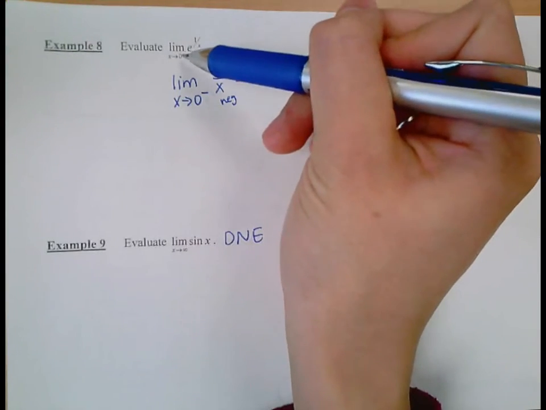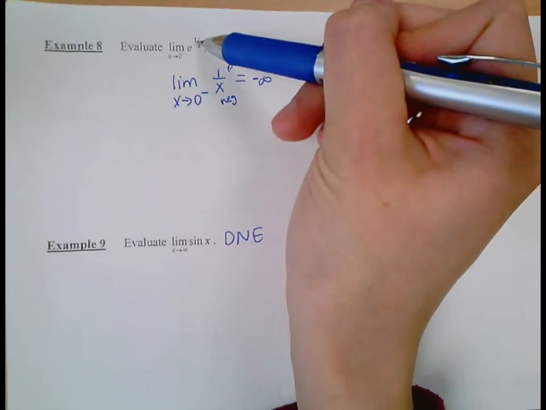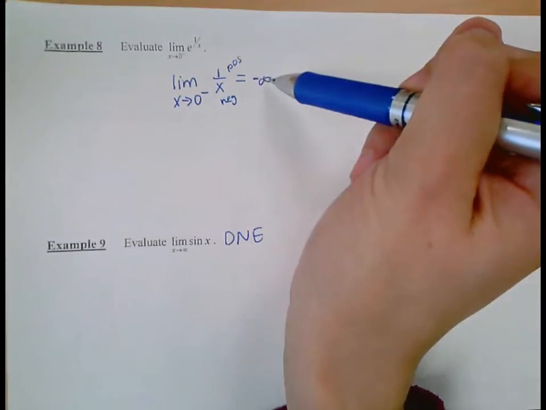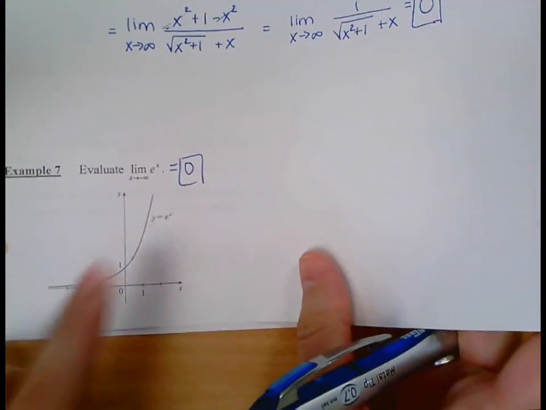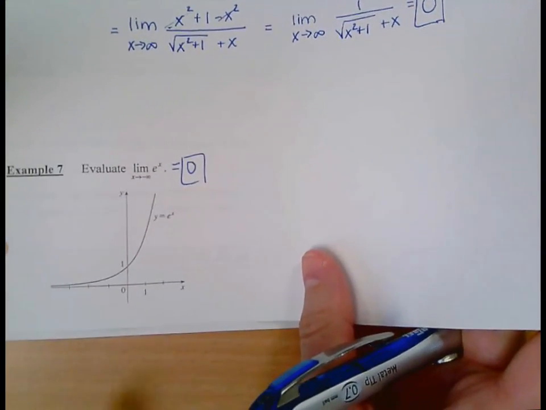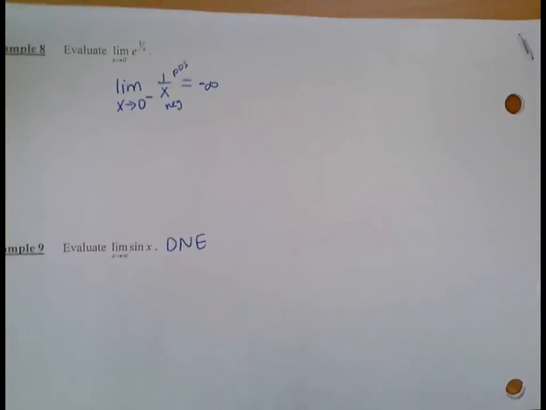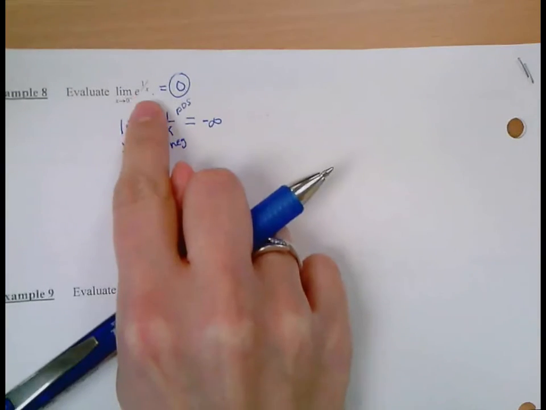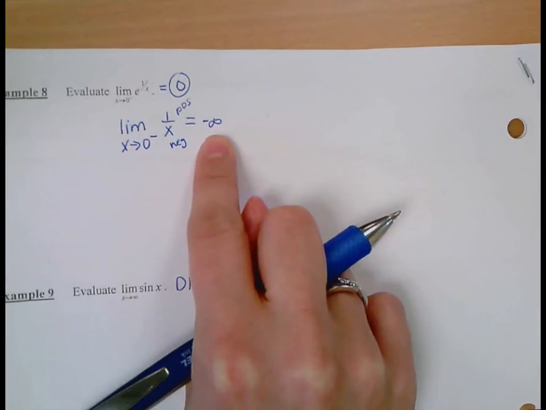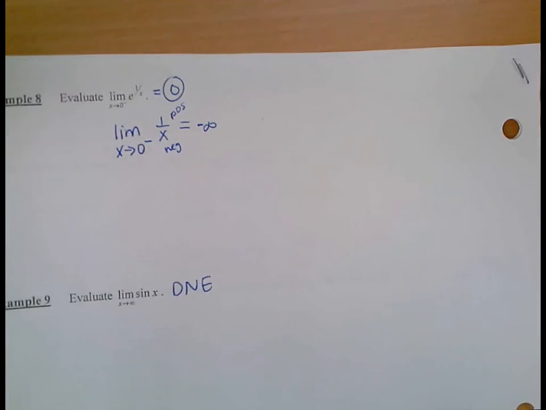So if the 1 over x is approaching negative infinity, now your limit is very similar to this one, where you're thinking, if that's approaching negative infinity, what is e to the x approaching? So this limit is 0. So if the exponent approaches negative infinity, that's approaching 0. You're kind of thinking of it in two parts.